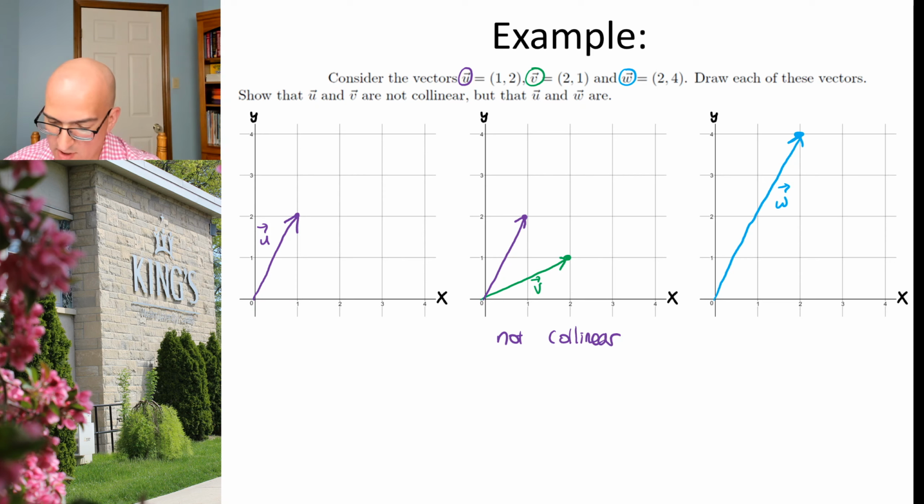Now I'm going to draw the vector u on the third picture with w, because it asks us to show that u and w are collinear. So the vector u is (1, 2), and I'll draw that in, and they are collinear. Yes, collinear.